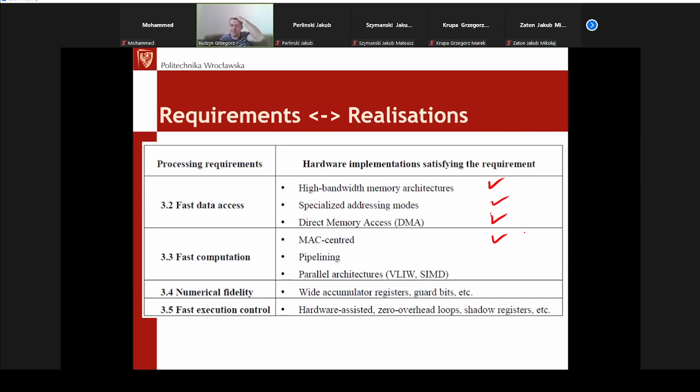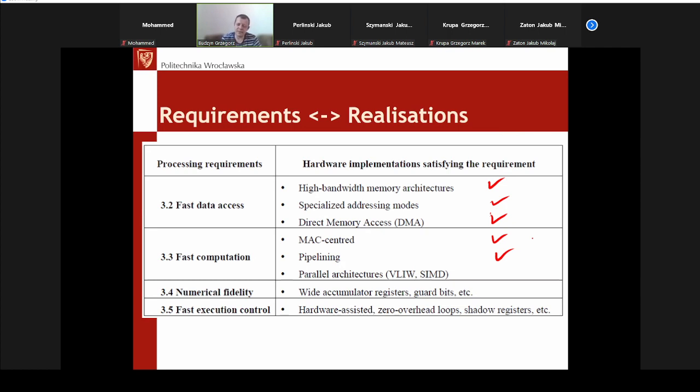The pipelining is increasing the performance of our operations. We talked about it a few lectures before. So that's also usually a standard way of increasing the performance of a signal processing unit.